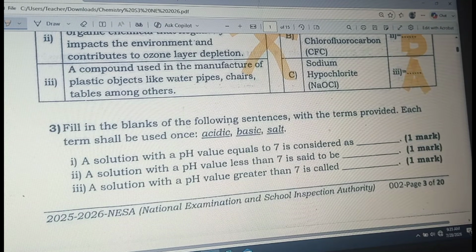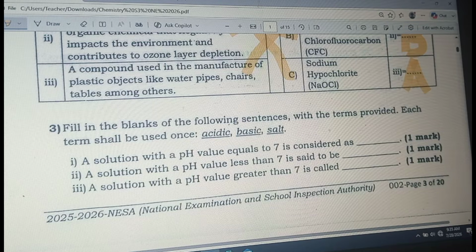Fill in the blanks of the following sentences with the terms provided. Each term shall be used once: acidic, basic, salt. Let's start with I.3. A solution with a pH value greater than 7 is... On the pH scale, we have numbers from 0 up to 14.